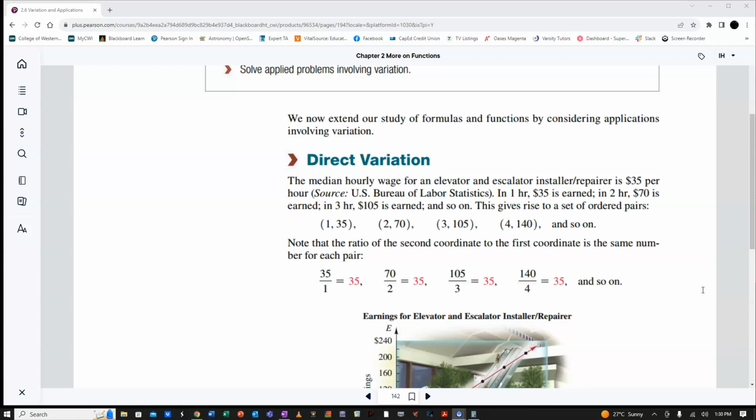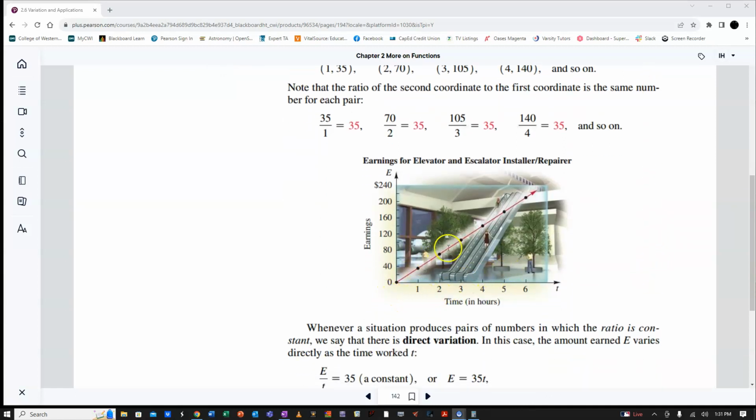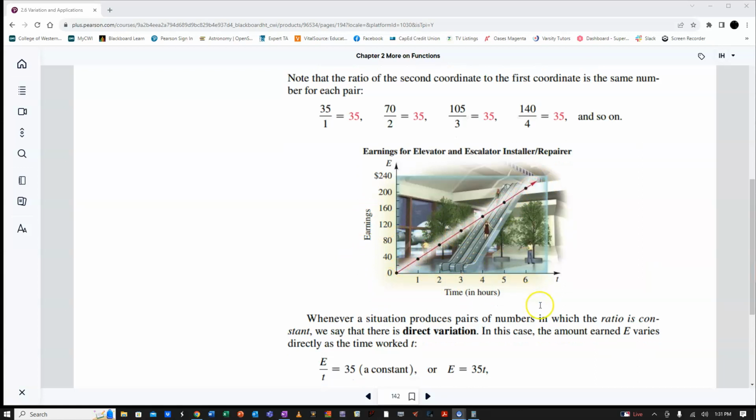The ratio of the second coordinate to the first coordinate will be the same for each pair of numbers. 35 divided by 1 is the same as 70 divided by 2, is the same as 105 divided by 3, is the same as 140 divided by 4, and so on. In all four cases here, that ratio will equal 35 because you're being paid $35 per hour. So here we see the plot showing how much you earn based on how many hours you work.